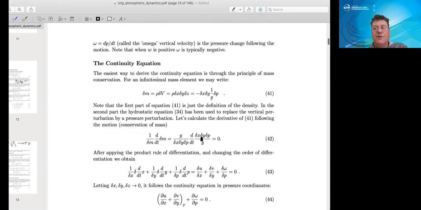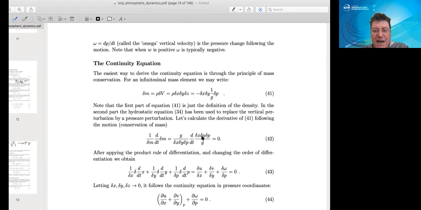To derive the continuity equation, we could use the full continuity equation and apply the transformation rules for the divergence and for the advection terms and transform it into the form used for the pressure coordinate system. That is extremely complicated. If you want to try it, I encourage you.